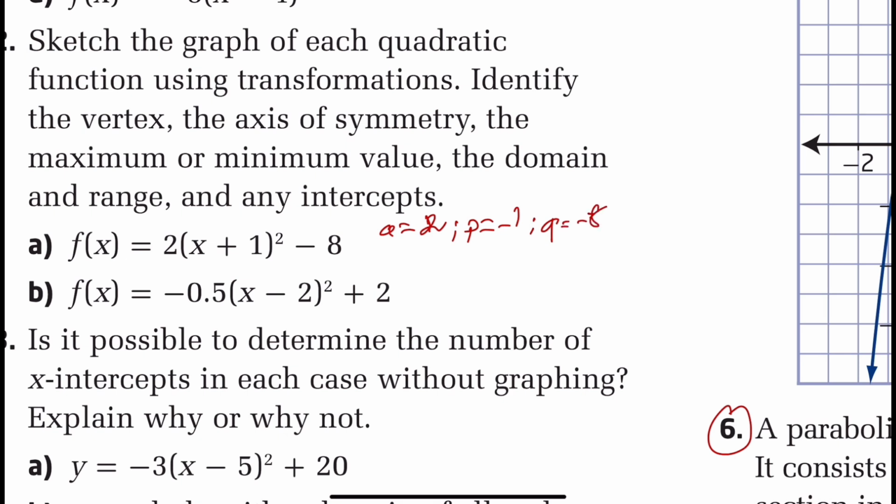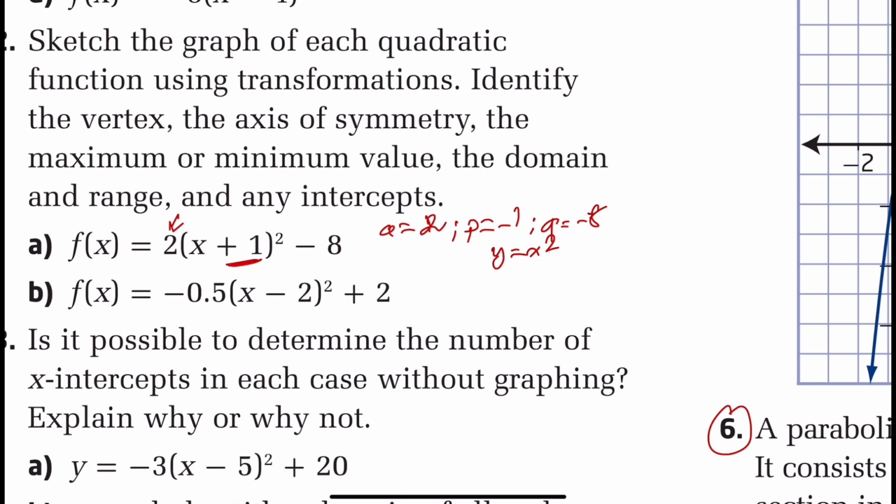So to sketch the graph f(x) = y = 2(x + 1)² - 8, we need to transform the original one, y = x², by multiplying all y values by 2, and translating it to the left side because it's positive.